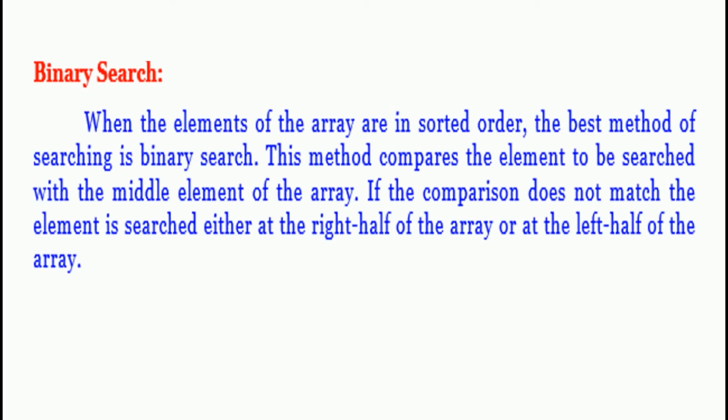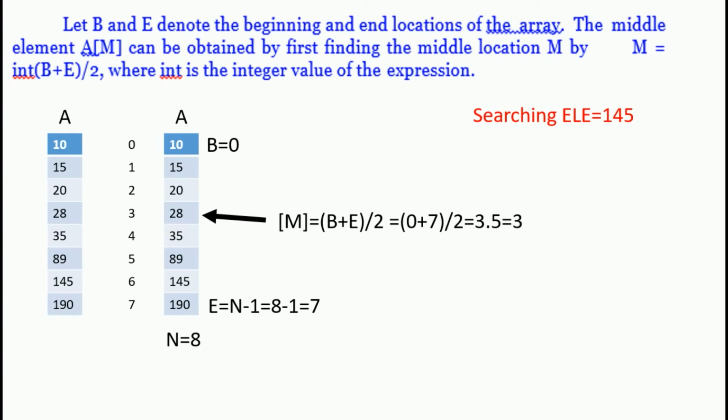We will see how it works, then you will come to know how binary search works. Okay, we will take one example. Let B and E denote the beginning and end location of the array.